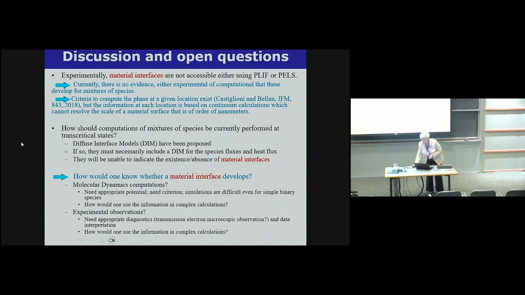So how do we find, are we able to define material interfaces? Now for shocks, it's very nice. You can use either WENO or DIM, diffuse interface models. But for these mixtures of species, it's very important to know where that occurs, because for a shock, it doesn't change the thermodynamics of the system.